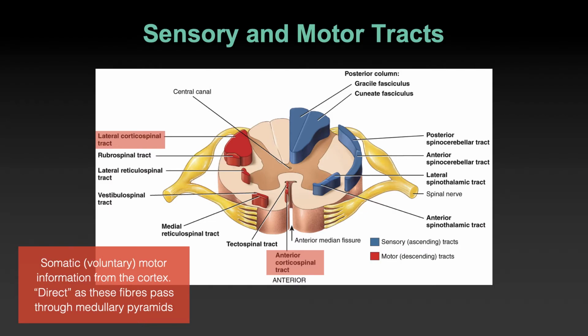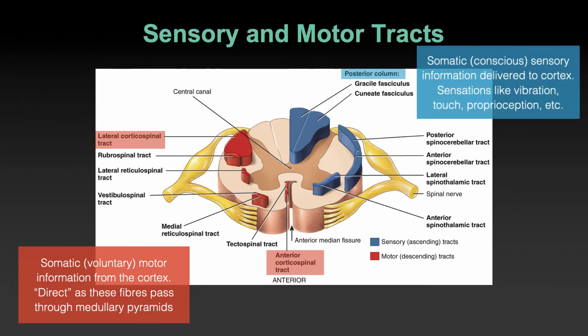The complementary sensory information is always carried in the dorsal aspect, the posterior aspect of the spinal cord. The posterior column is all of the white matter between the dorsal horns. All of this white matter, even though it's not highlighted on the left side, it's mirrored on the left and right side. The posterior column transmits all of the somatic sensory information to the cortex.